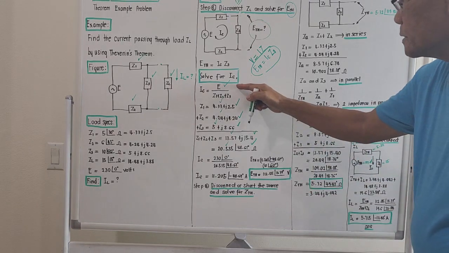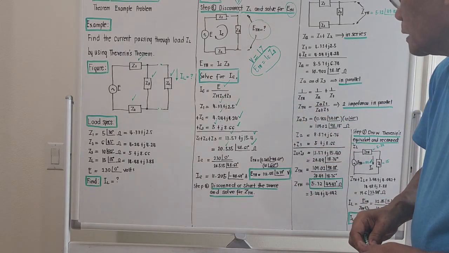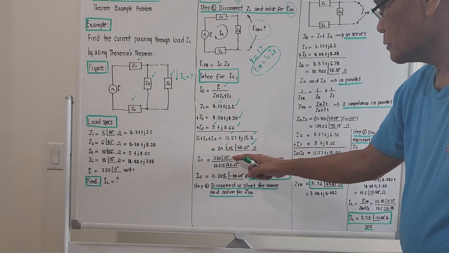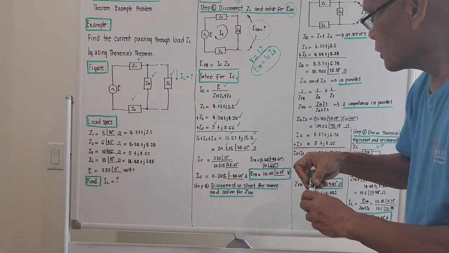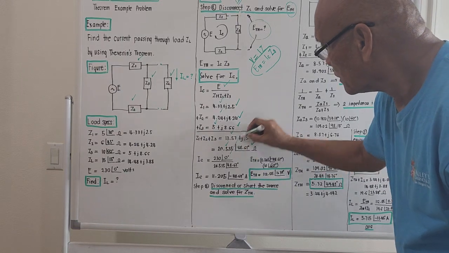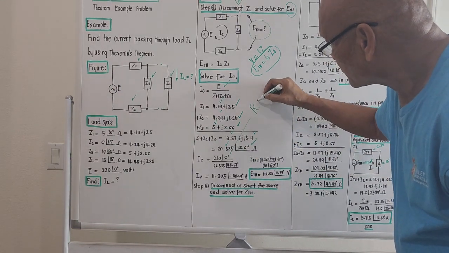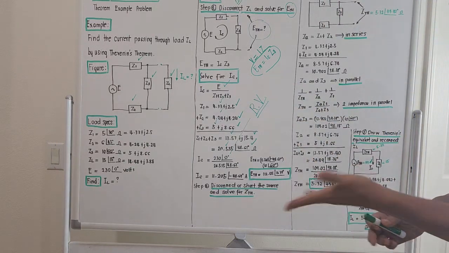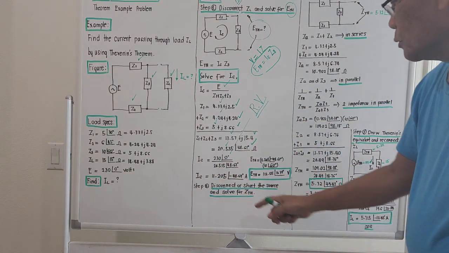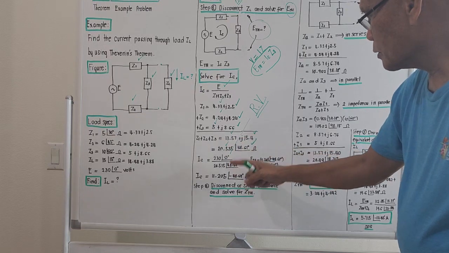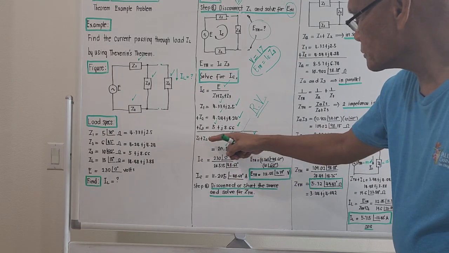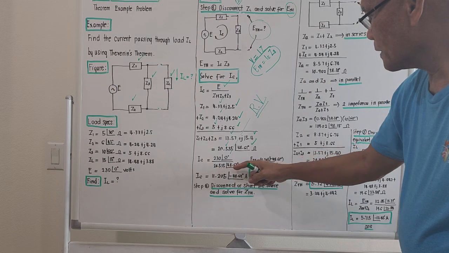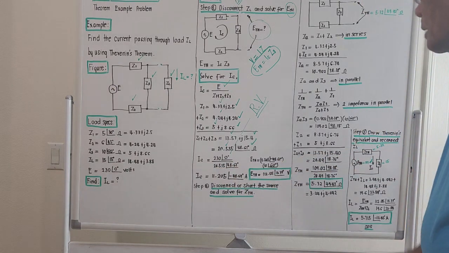So going back to this, circulating current now will be, the applied voltage is actually 230 angle 0 degree. It is always 0 degree because the voltage is always the reference vector. So the circulating current will be 230 angle 0 over the single equivalent of Z1, Z2, and Z3 in terms of polars, 20.535 angle 48.61 degrees.